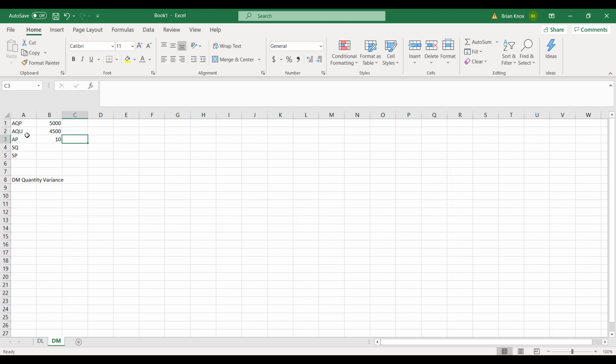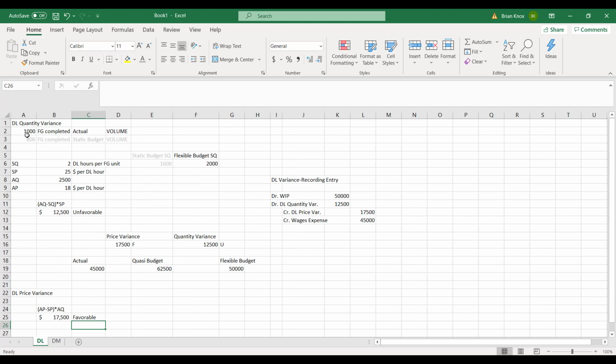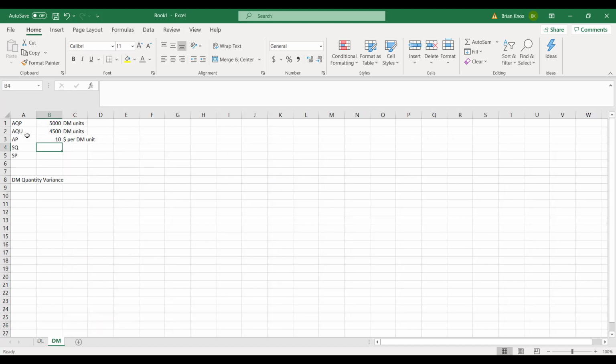We'll go ahead and get some labeling here. See, that's critical that I do that right there, to clarify what the units that we're talking about are. Our standard quantity of units. All right, so we produced, back here, we produced 1,000 finished goods units.